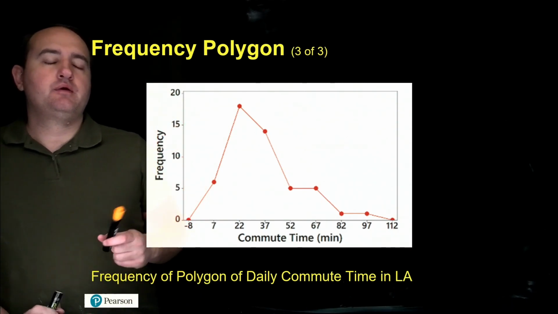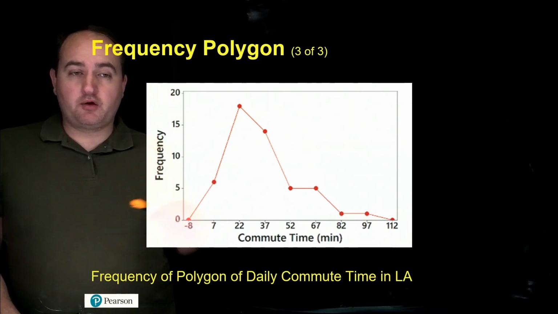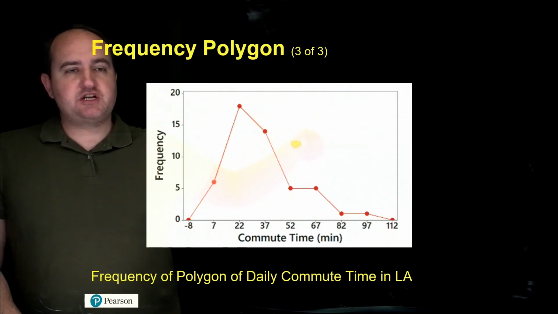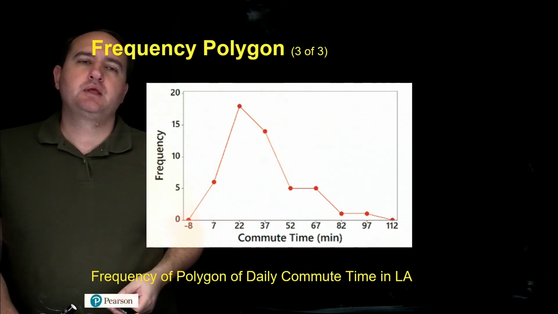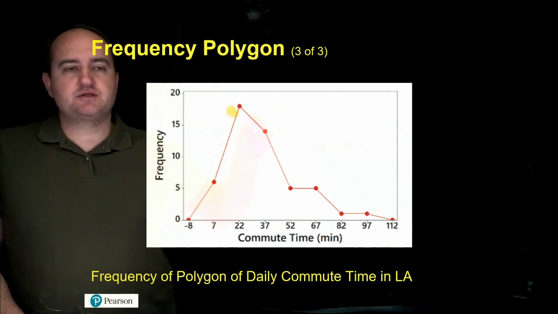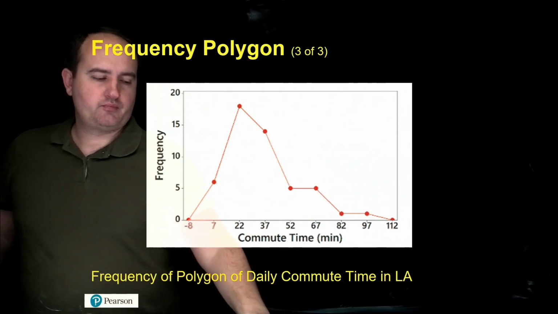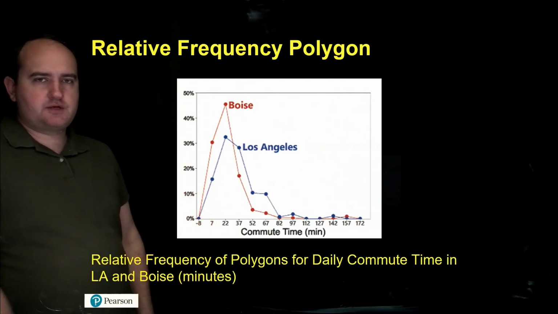But keep in mind that just like with a histogram, a relative frequency polygon will have the exact shape that the frequency polygon does. Even though the vertical axis is now percentages, it doesn't distort the shape.